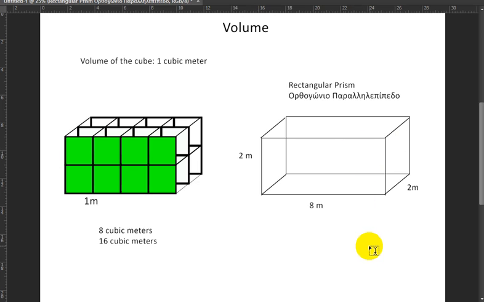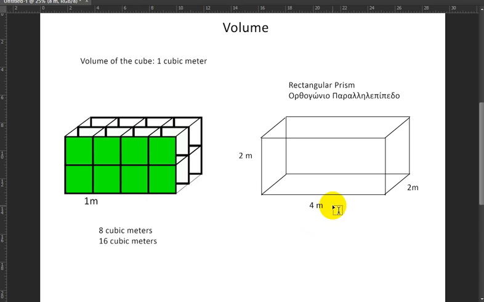And let's say I asked you what the volume of this shape is. Well, what you may have already noticed is that its dimensions are exactly the same as this shape, right? Sorry, I made a mistake here writing 8.